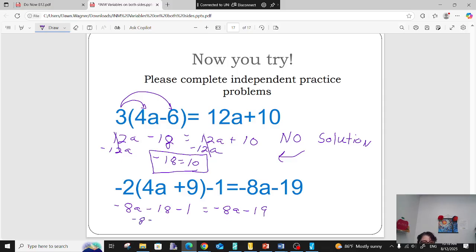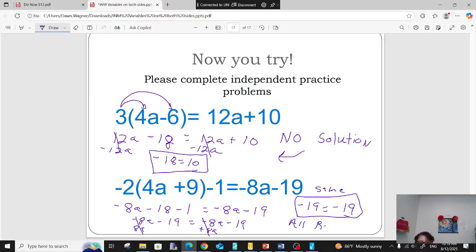Negative 8a minus 19 equals negative 8a minus 19. When I add 8a to both sides, they cancel, and I'm left with negative 19 equals negative 19. When they equal the same number, we call that all real numbers.